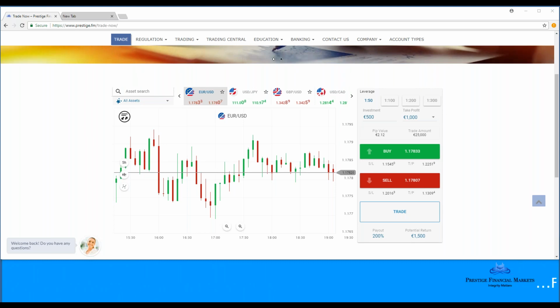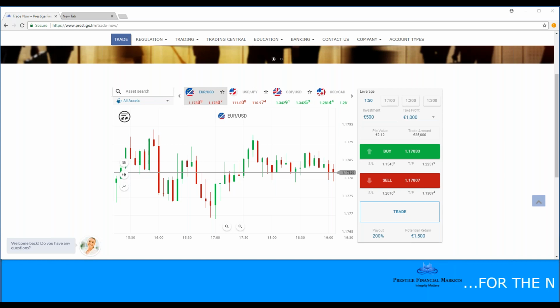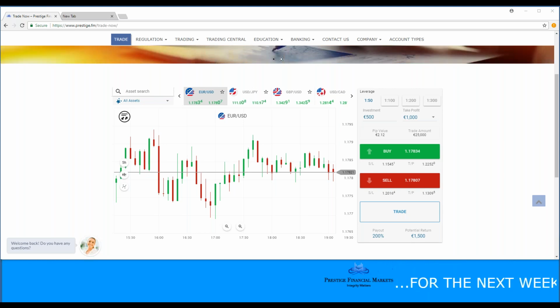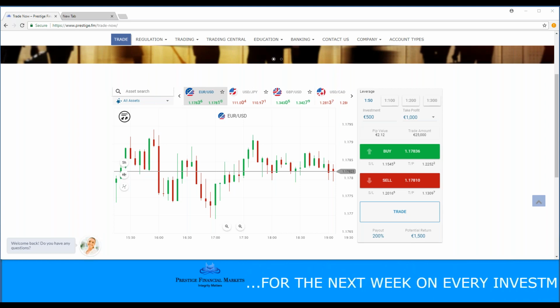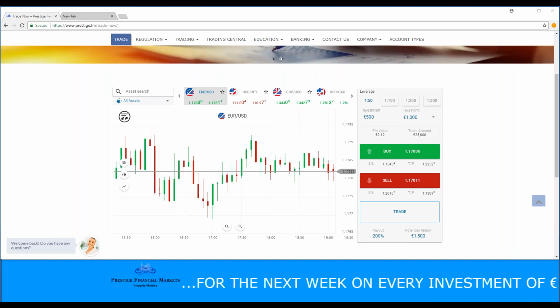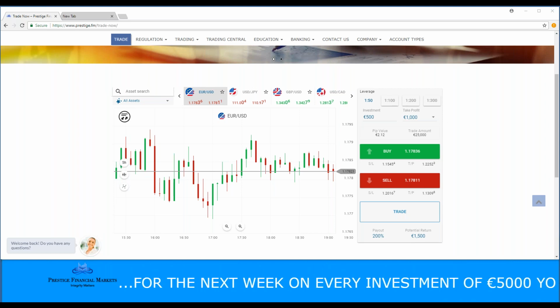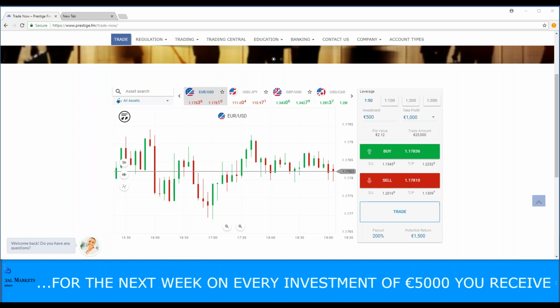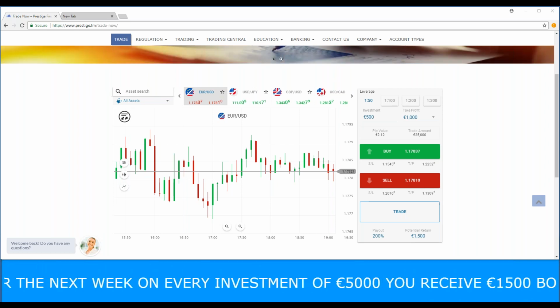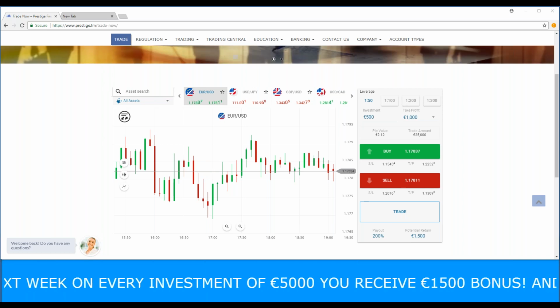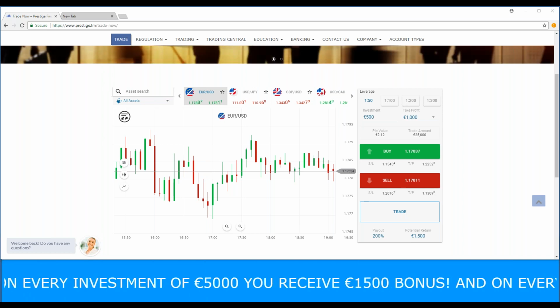Without leverage, most retail traders won't be able to trade. Even in institutional trading, banks are using leverage, so that is not a secret. That is a common thing.